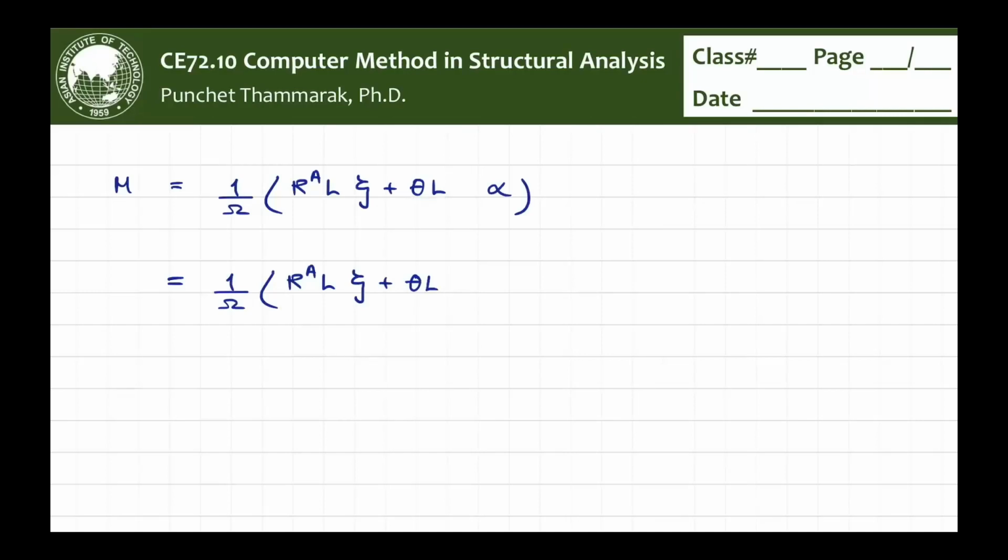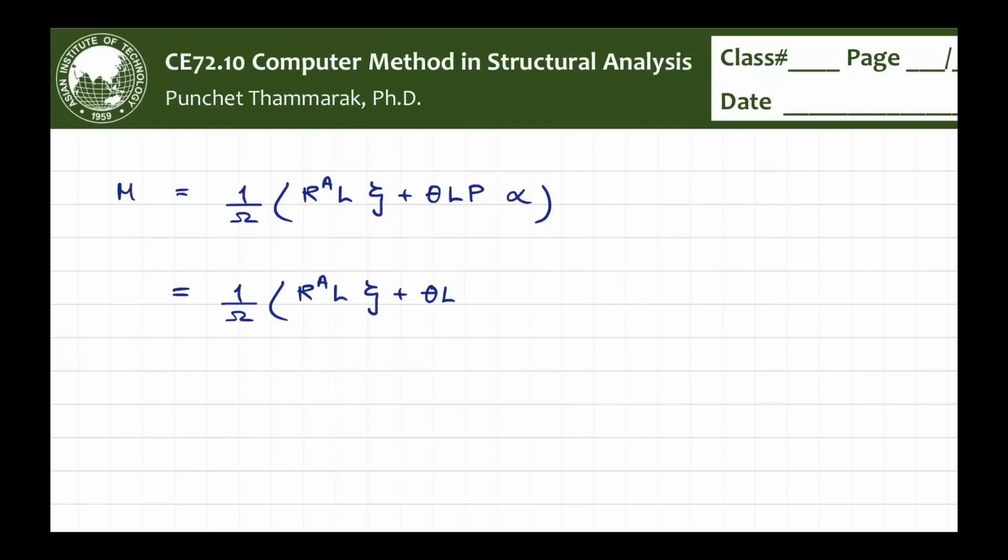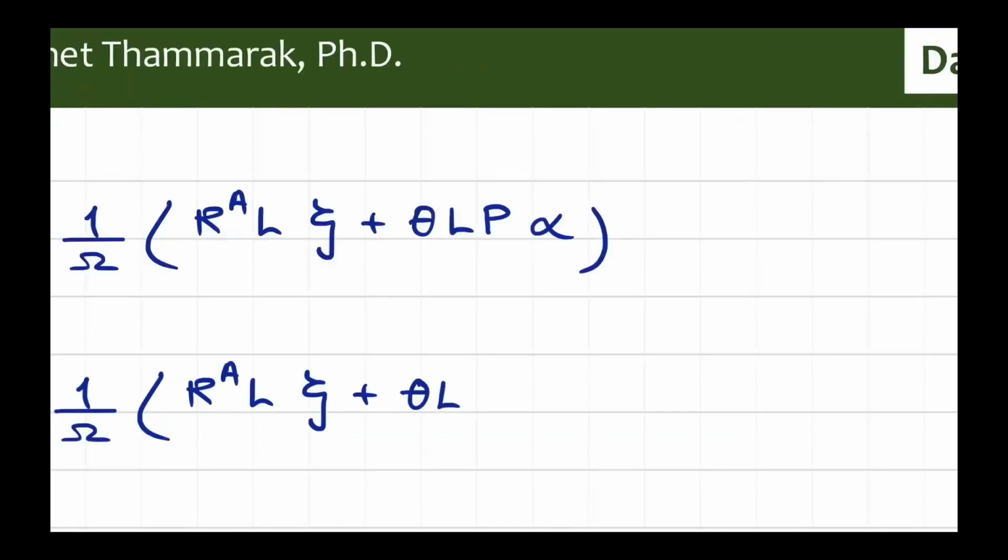P is not the denominator. P is here, up there, because we just multiplied through by P. It used to be M over P, used to be RA over P, so it has to be up there. Then P is K squared EI alpha.